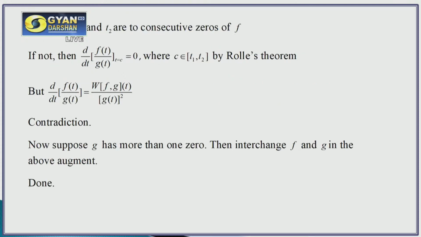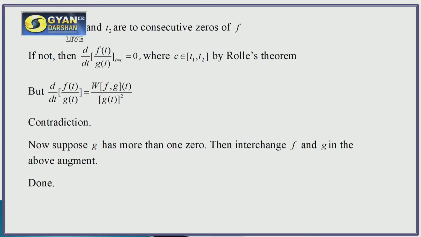So, proof. We are going to prove this theorem by contradiction. Let t1 and t2 be two consecutive zeros of f, and suppose there is no zero of g between t1 and t2.